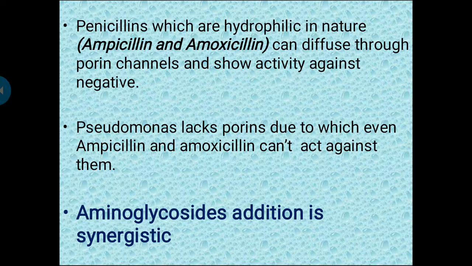So cycloserine inhibits the L-alanine to D-alanine conversion, and for the fourth alanine to fifth alanine combination, that is the D-alanine ligase, this enzyme is blocked by vancomycin. So these are the different drugs. Fosfomycin inhibits the N-acetyl muramic acid synthesis.